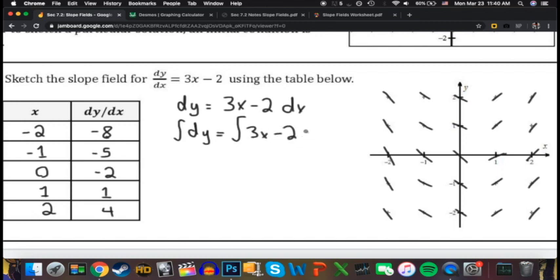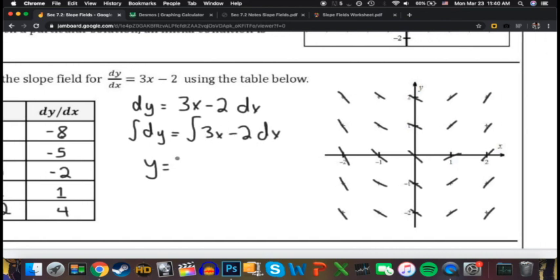So if you integrate dy by itself, you're bound to just get y back. If you integrate 3x, that's going to be 3x squared over 2 minus 2x plus c. And this c here, as we mentioned before, is a constant. In terms of differential equations, what this might represent is an initial condition.